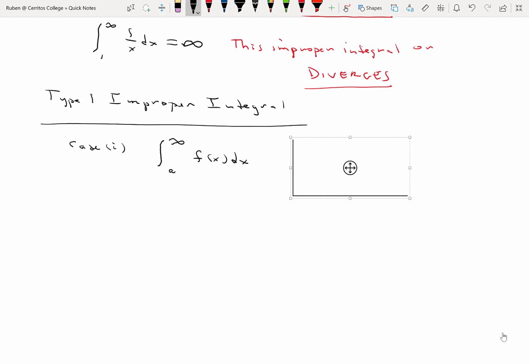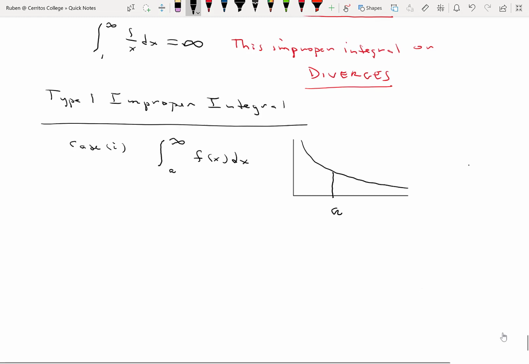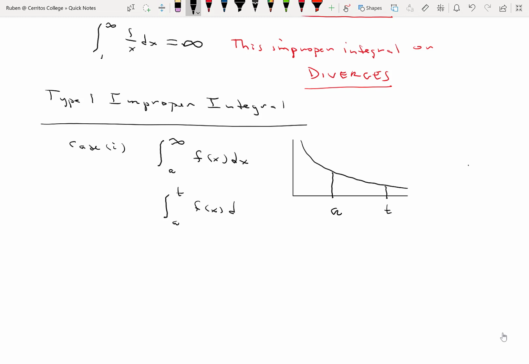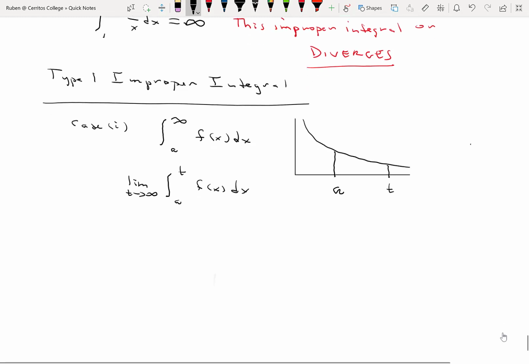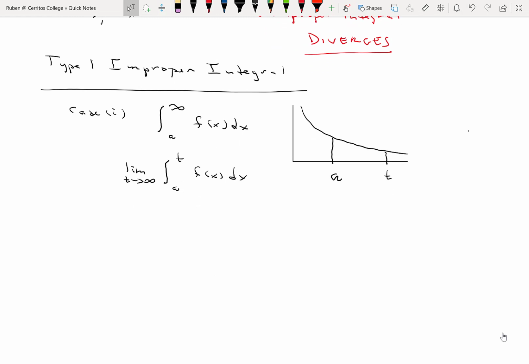It'd be a good idea if you had a graph of the function, but it's not always necessary. So we're integrating between a and infinity. To integrate between a and infinity, we integrate between a and t, and then we take the limit of this quantity as t approaches infinity. So that's how we handle the first of the three cases that occur with type 1 improper integrals.